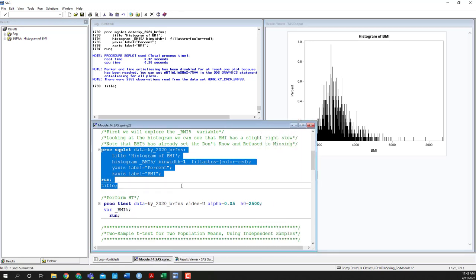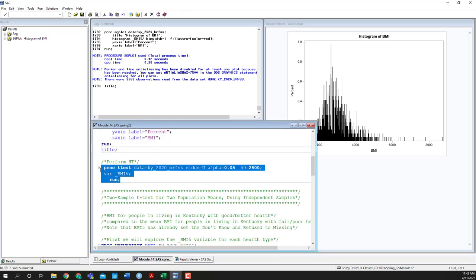Next, to perform the hypothesis test, we're going to use the PROC TTEST code. So here I'm going to tell SAS that we're going to use the Kentucky 2020 data. We're going to use an alpha equal to 0.05 and H0 equal to 2500. That is the value under the null hypothesis. And here we're using 2500 again because our data has two implied decimal places.